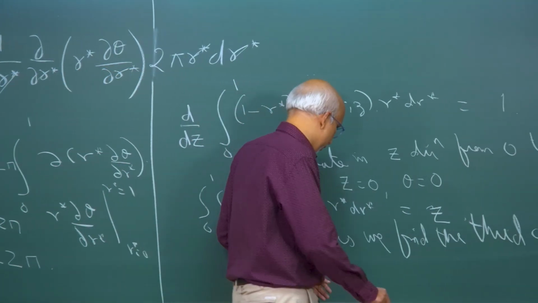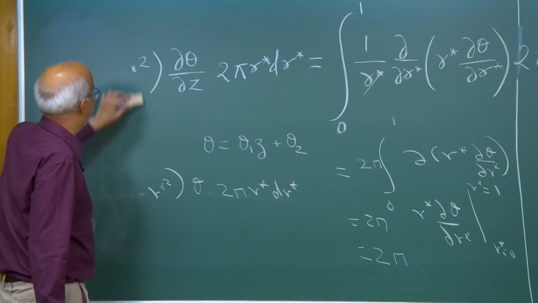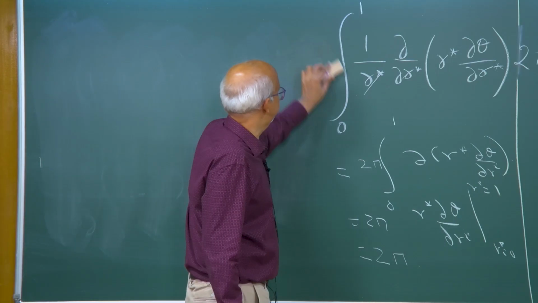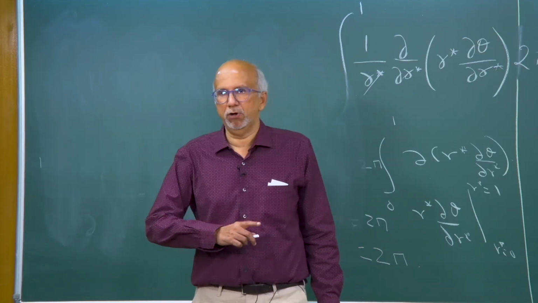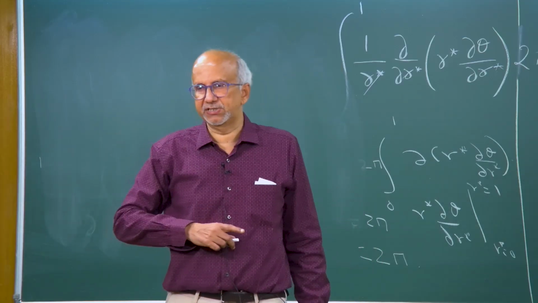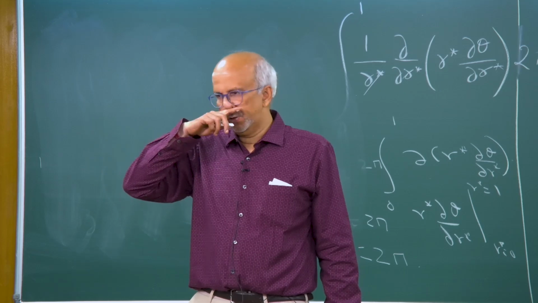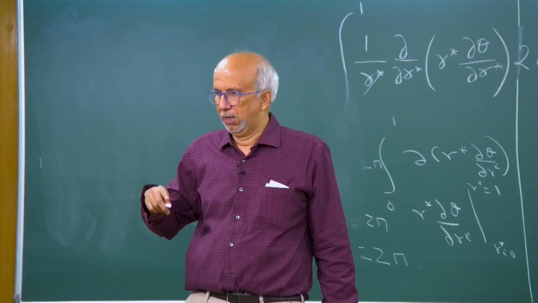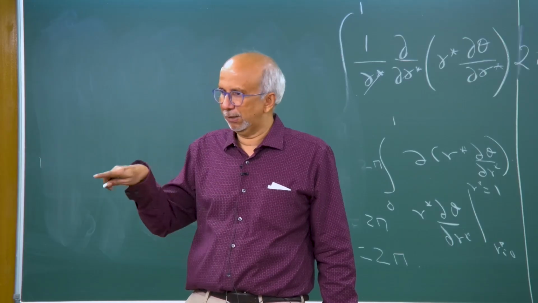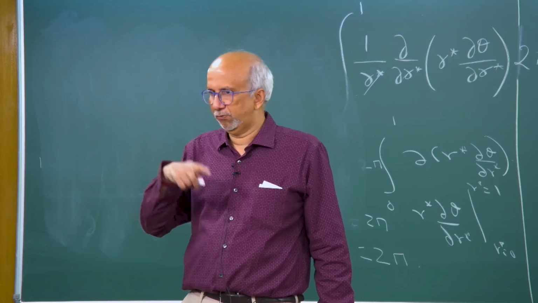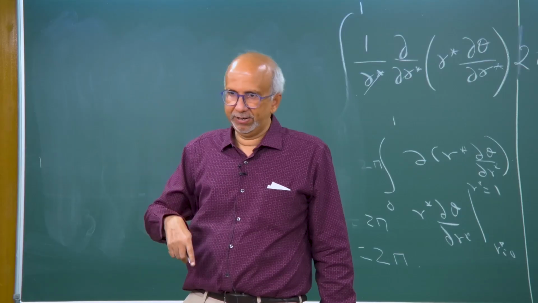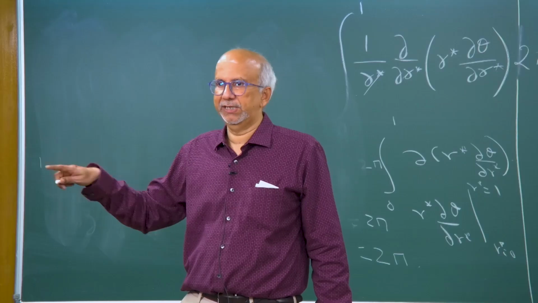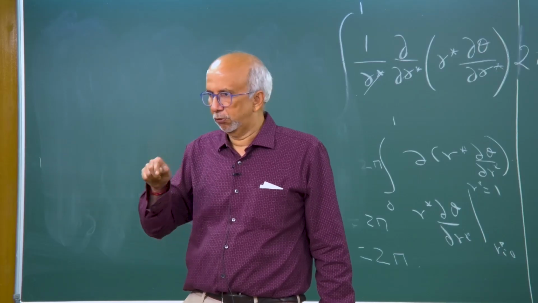So, now I want to move on to the next problem, and the other thing which I want you to remember is that this particular solution is valid only for large distances into the pipe, because we have not bothered to satisfy theta equal to 0 in the solution. In the integral balance we put theta equal to 0, but for the differential equation where you have theta 1 z plus theta 2, we did not impose that.